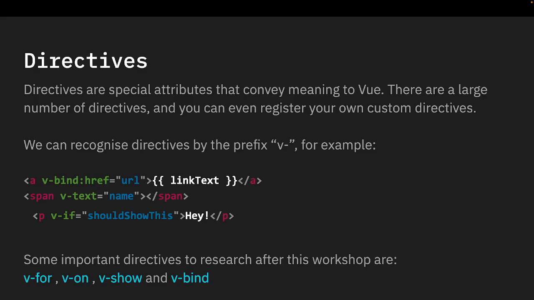So we might want to pass in an attribute on top of an HTML tag. For this, we want the URL to be dynamic. So every time that URL data changes, we want the A tag to change its href.